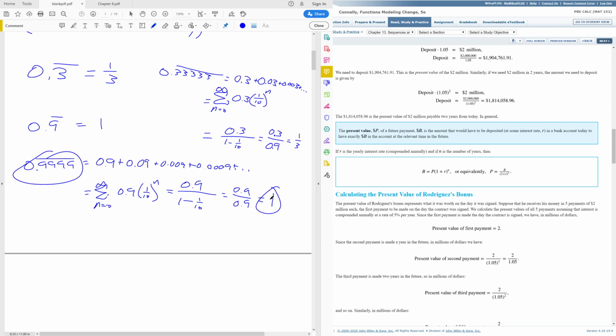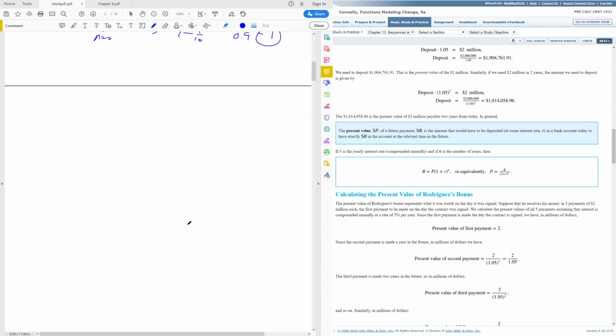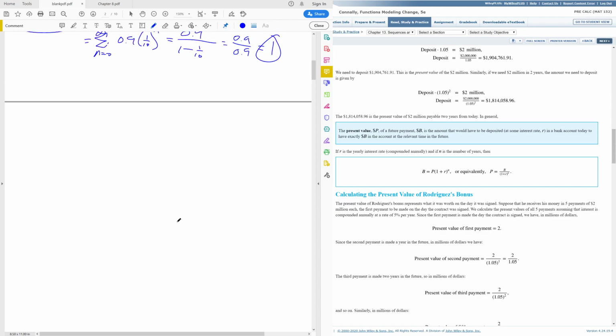So we can actually use this idea to turn any repeating decimal into a fraction. Because if you remember from rational and irrational numbers, a repeating decimal is a rational number, which means it can be turned into a fraction.